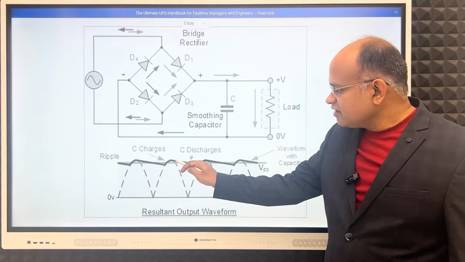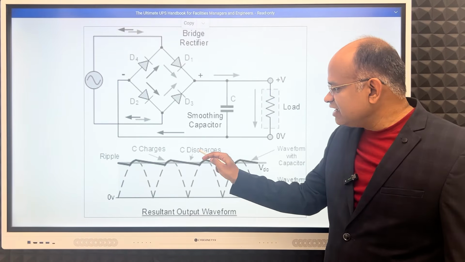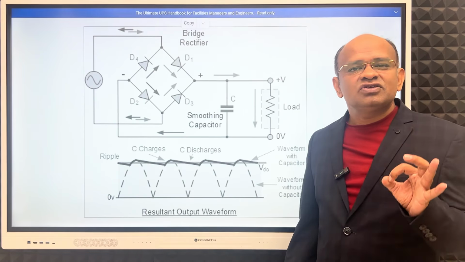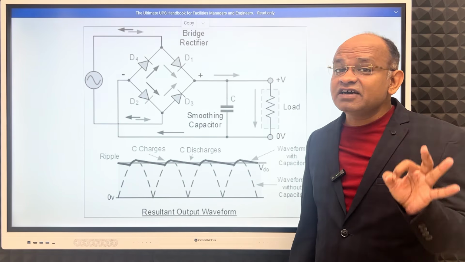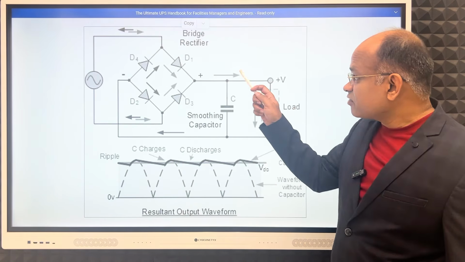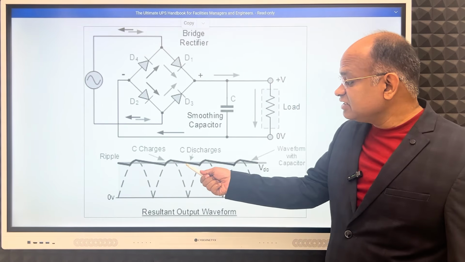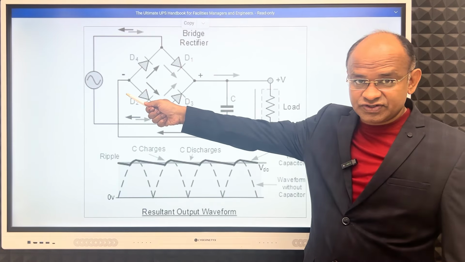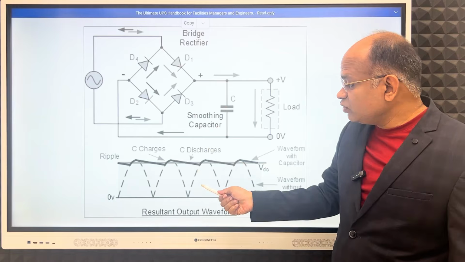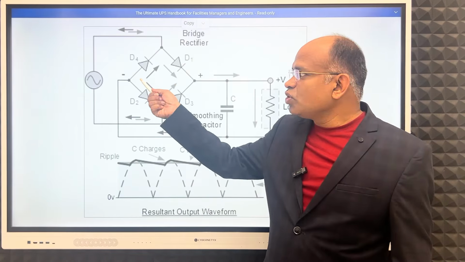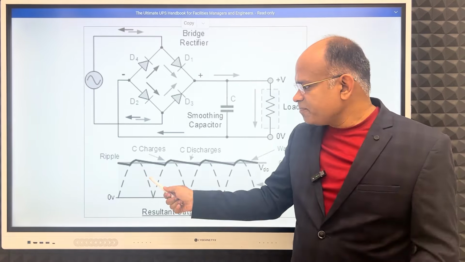From this point to this point, the capacitor will discharge and provide energy. So you are getting uninterrupted current from this point. First from the source, up to some extent, till the capacitor charges fully, and then when the source depletes and its voltage level goes down, the capacitor will discharge, and again you know the current path.